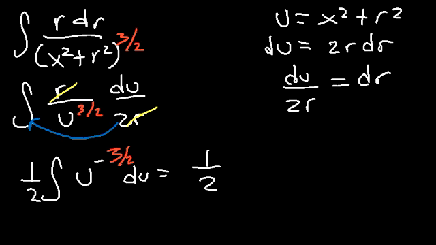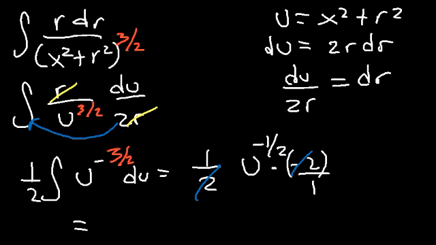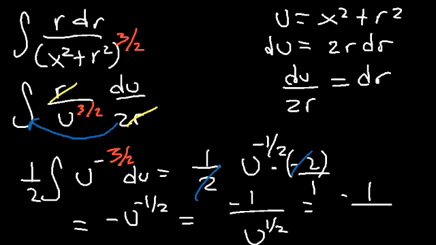Negative 3/2 plus 2/2 is negative 1/2. And then you need to divide by negative 1/2, which is equivalent to multiplying by the reciprocal, negative 2/1. So we can cancel the 2's. What we have left over is negative u to the negative 1/2, which we can move back to the bottom. So it's negative 1 over u to the half, which is negative 1 over the square root of u.